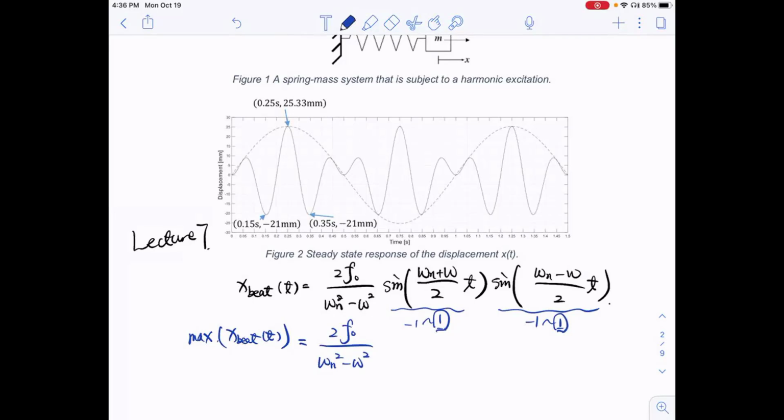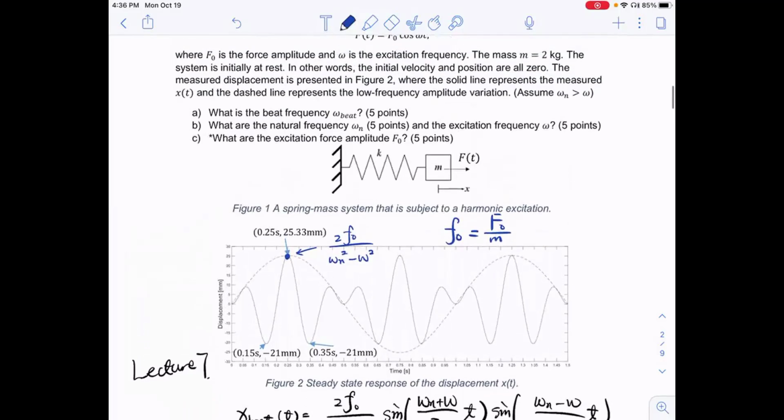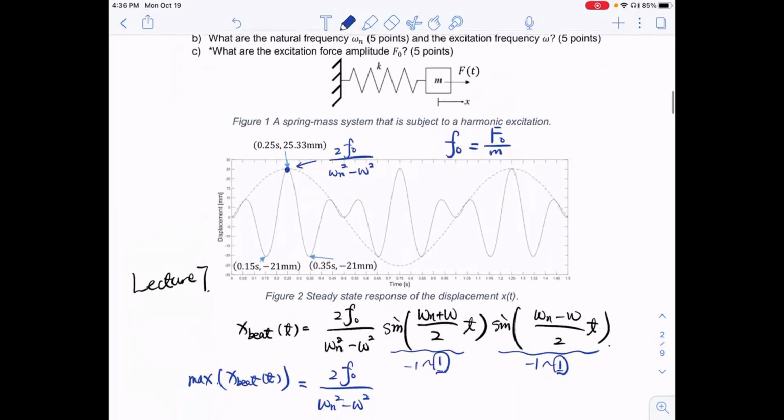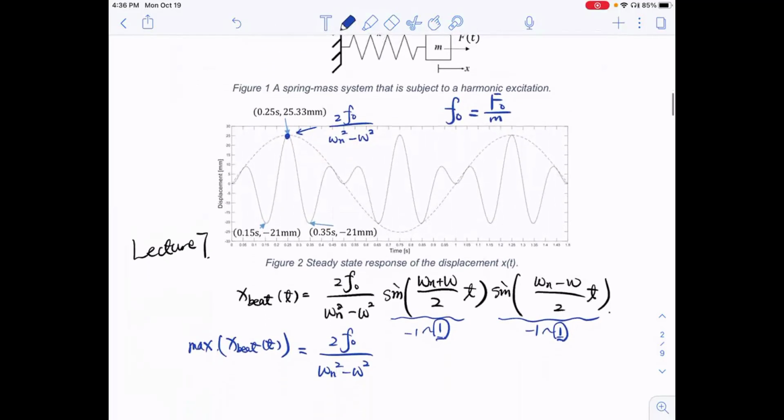So this point, which is the maximum value in your signal, if you track this solid line in one cycle, is 2f0 over omega n squared minus omega squared. Remember also, your f0 is the normalized force amplitude, so you have to divide everything by m.